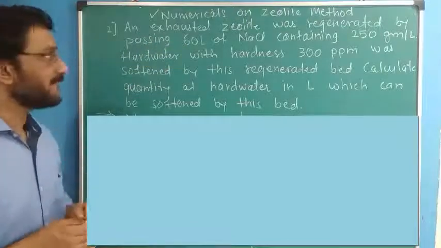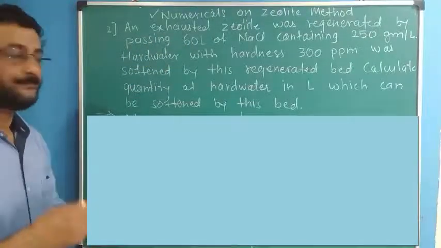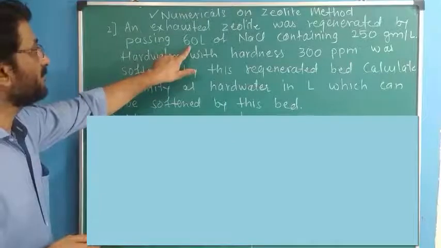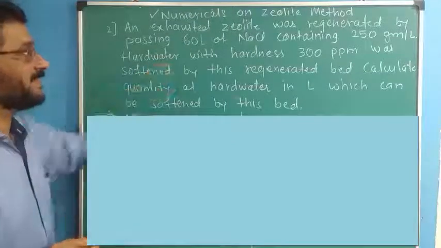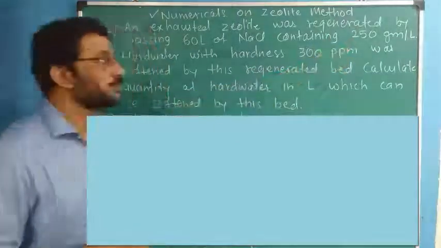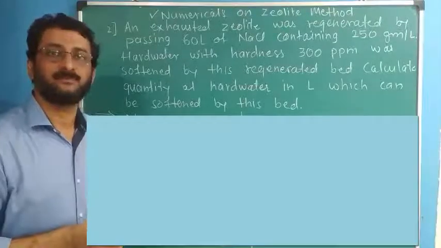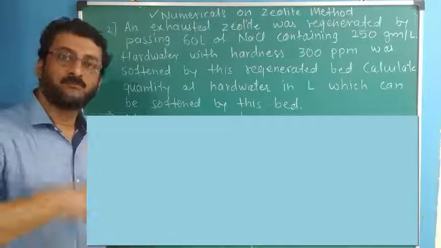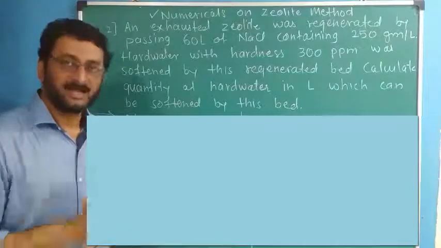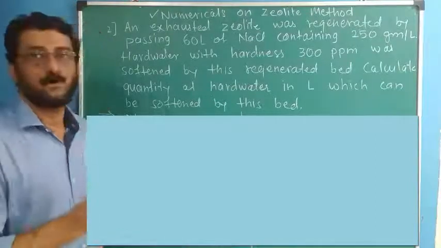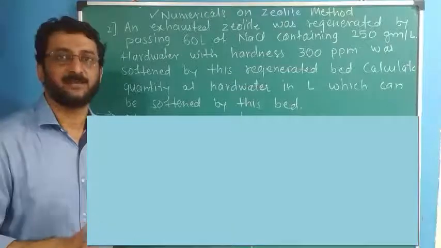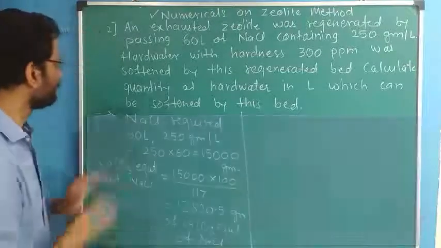The bed is exhausted. It is regenerated by passing this many liters of NaCl. Per liter it has 250. So first find the total NaCl required for regeneration, and take that NaCl in the form of CaCO3 equivalent.